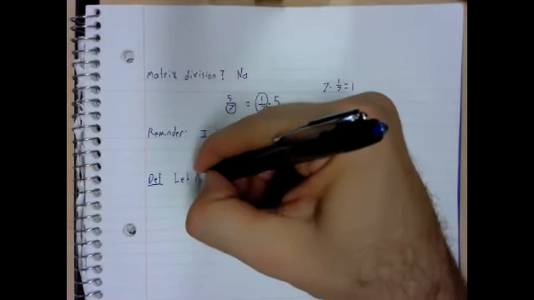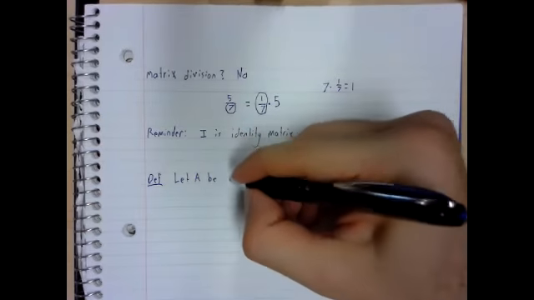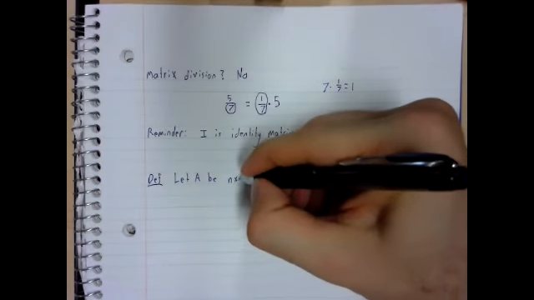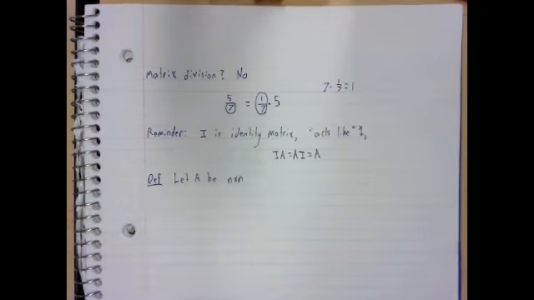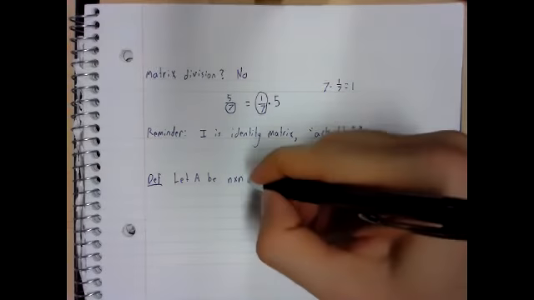Let A be a square matrix. So A is n by n.